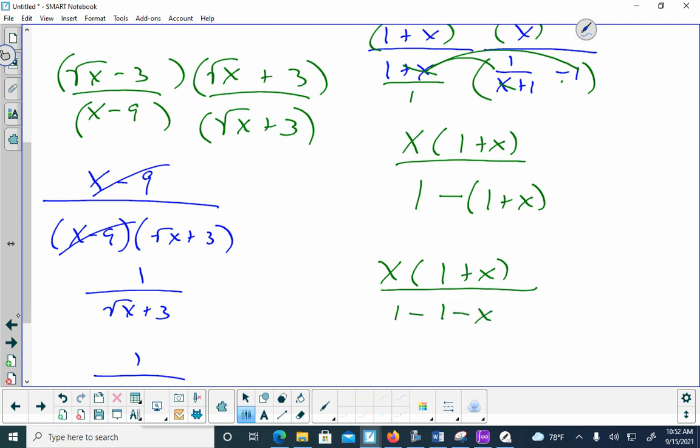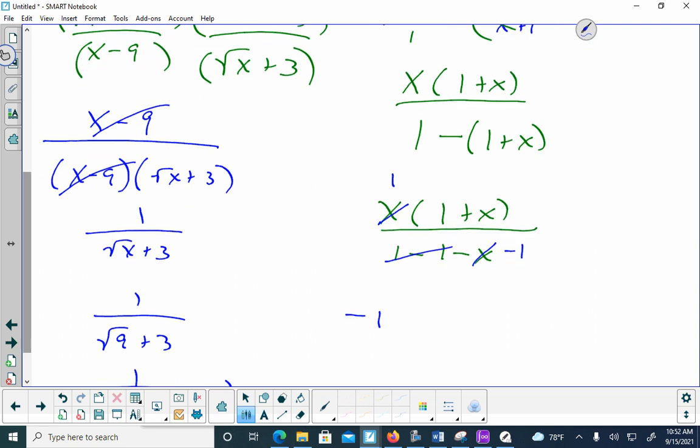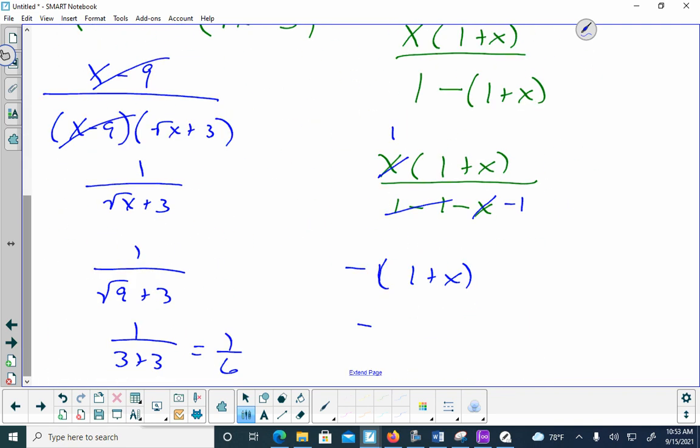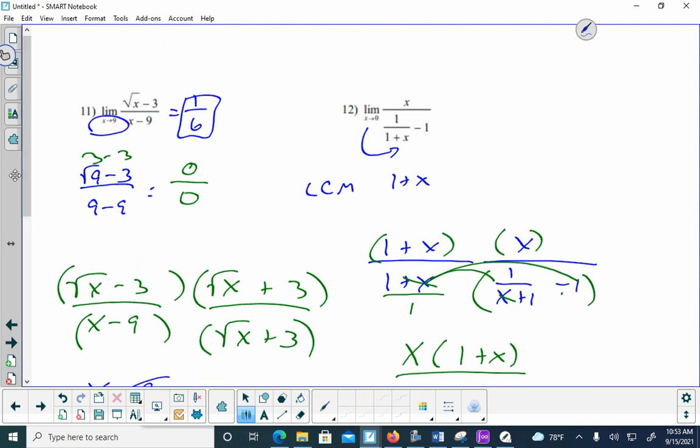So the 1 minus 1 will be 0, and then x will go into x, x will go into this -1. So I'm going to end up with a negative times 1 plus x, and I'm trying to take the limit as x approaches 0. So -1 plus 0, that's going to be -1. So my final limit is going to be -1.